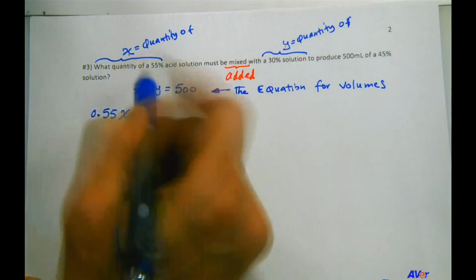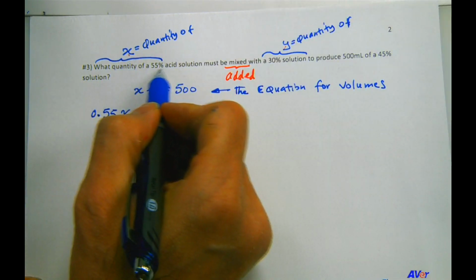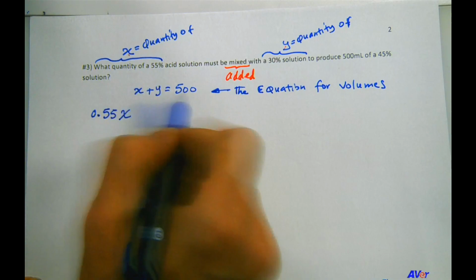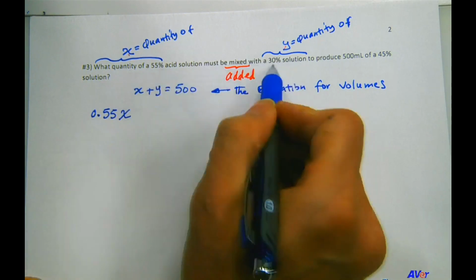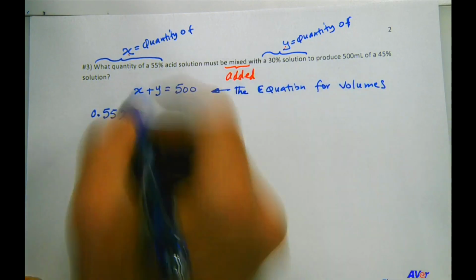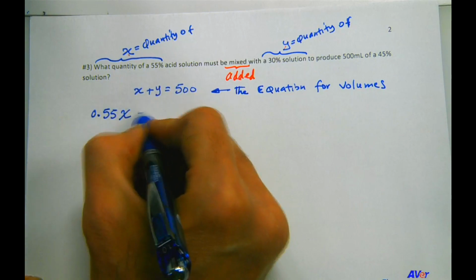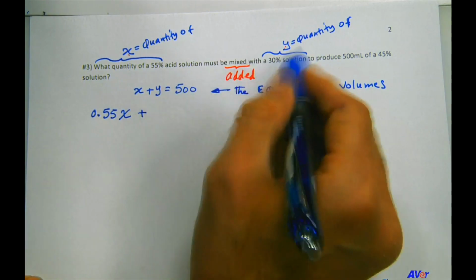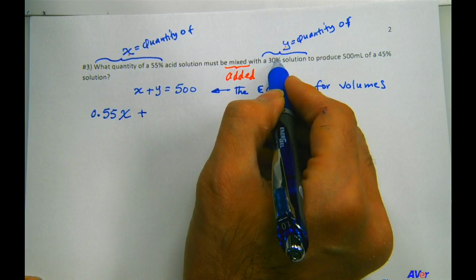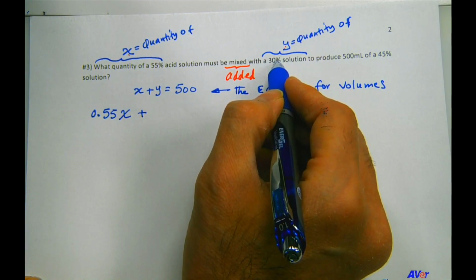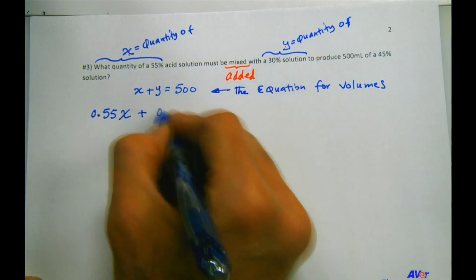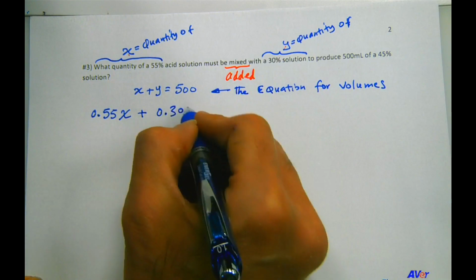Now I'm involving those quantities, capturing this information, because the previous equation did not capture those concentrations of the acid. So now we're doing it. Plus, for the Y, we know that has to be 30%, right? So plus 0.3 times Y.